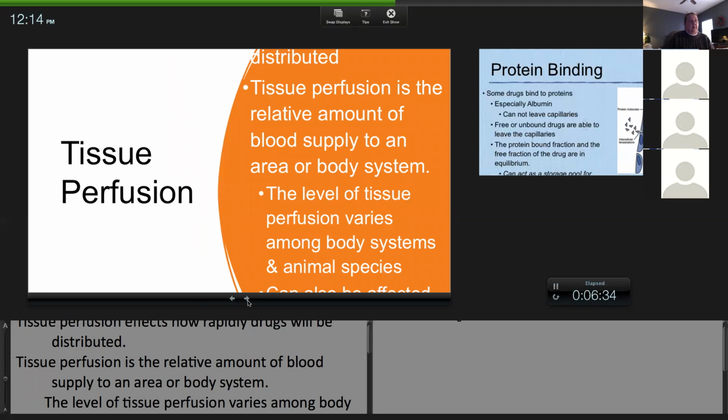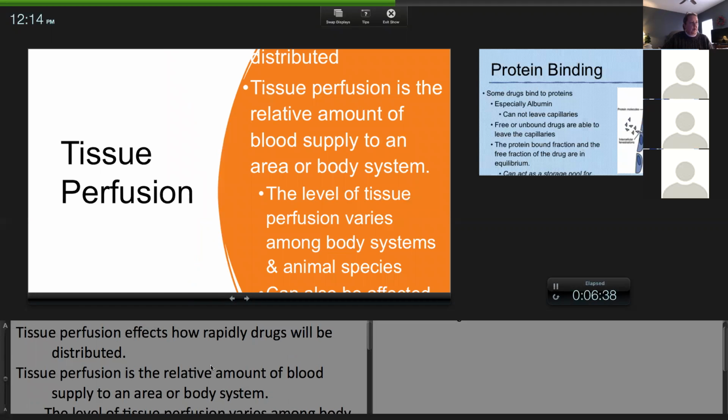I talk a lot about perfusion and what is meant by tissue perfusion. It affects how drugs will be distributed. Perfusion is blood flow, or the amount of blood supply to an area. So if you get blood to an area, you have perfusion.